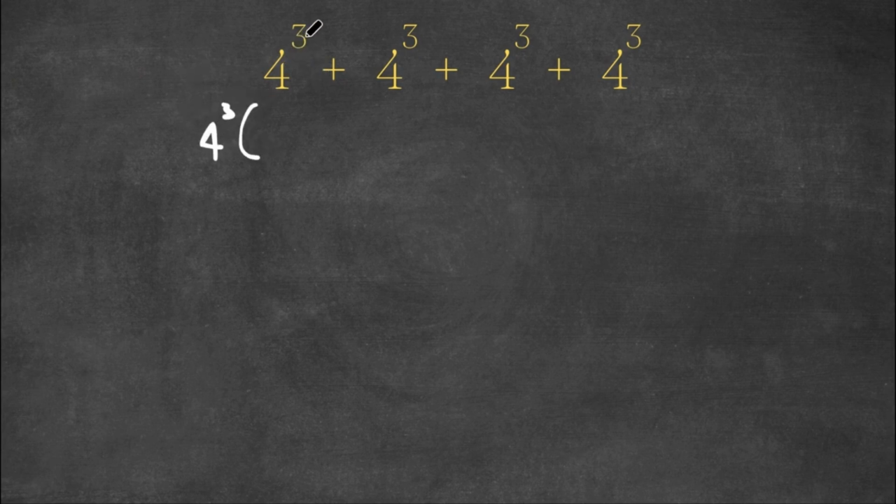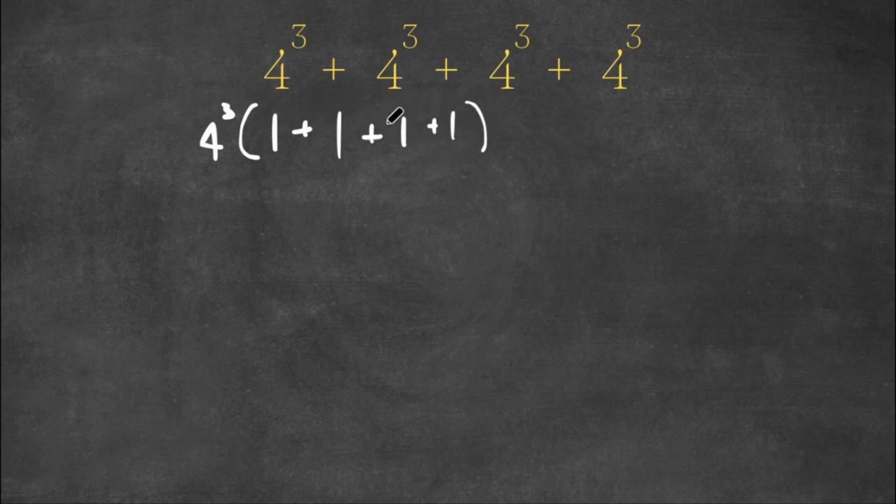Now 4 to the power of 3 divided by 4 to the power of 3 is simply 1, because anything divided by itself is 1. So same thing over here, 4 to the power of 3 divided by 4 to the power of 3 is 1. Same thing here, 1 and plus 1. So now we have 4 to the power of 3 times 1 plus 1 plus 1 plus 1.